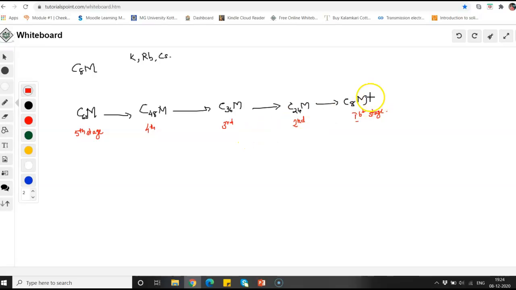If you try to prepare intercalation compounds of higher alkali metal content, they will be unstable.